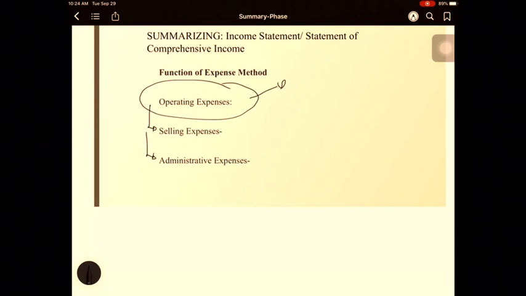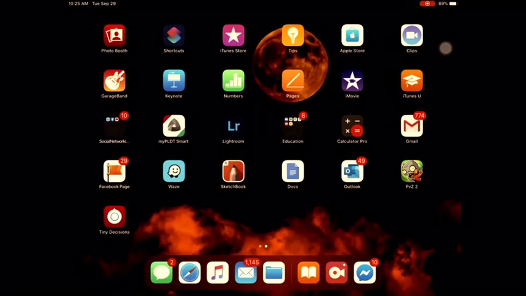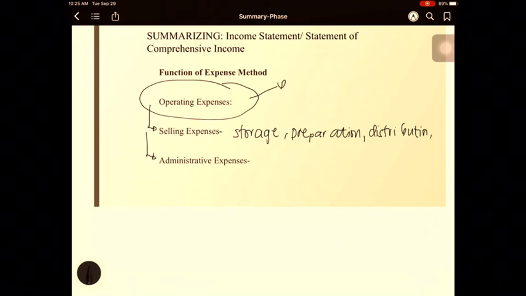So how are we going to classify an expense as a selling or as an administrative expense? It is part of the selling expense if it involves the storage, the preparation, the distribution, the advertisement of the goods that the business is selling.